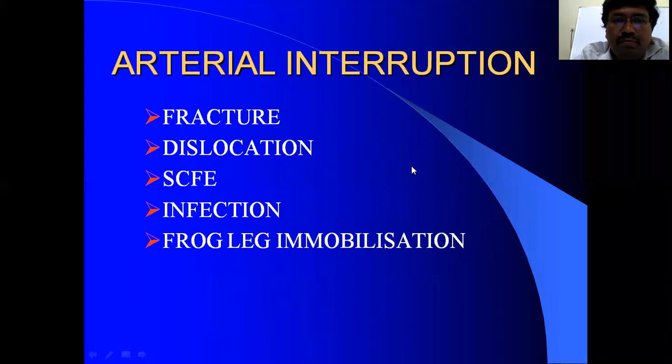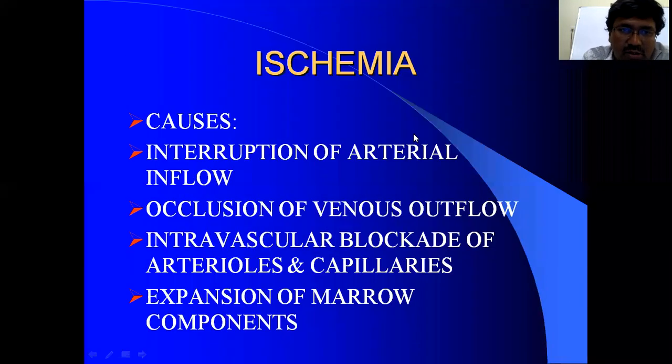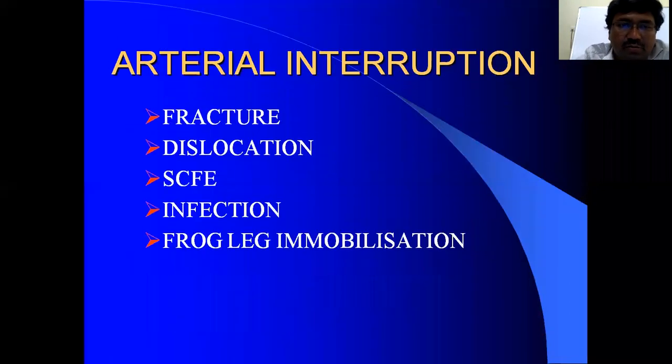So, arterial interruption is the first cause: arterial inflow interruption. The artery gets damaged in a fracture, a dislocation, in a pediatric condition such as slipped capital femoral epiphysis, and in infection.